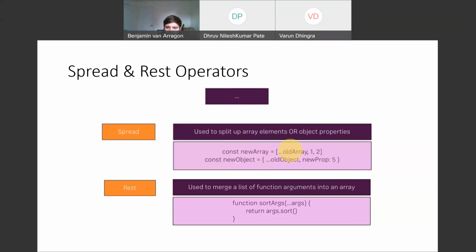But what that's doing is taking the old array, whatever it is, maybe 199, 98, and unpacking it into individual elements, and then it's going to add 2 more elements, 1 and then 2. And now you have an array of 5.